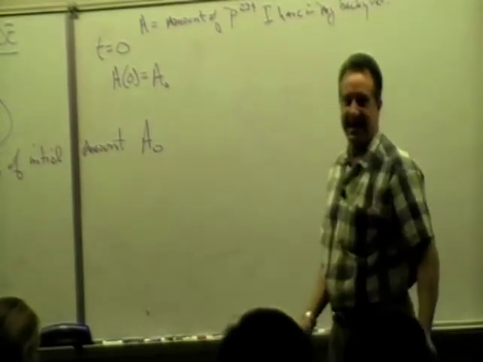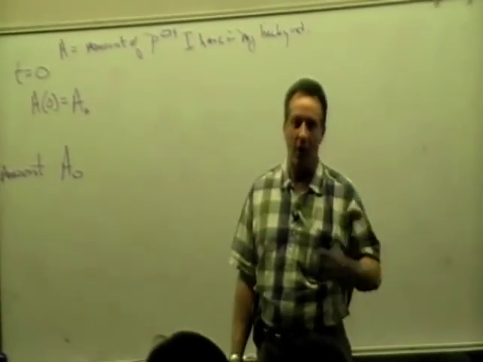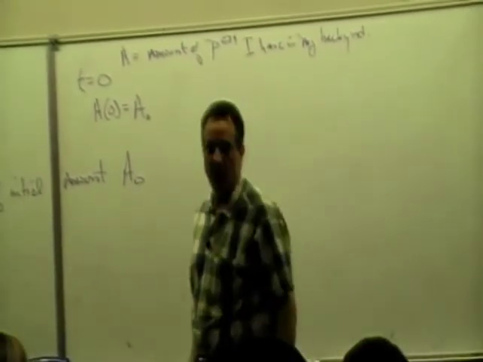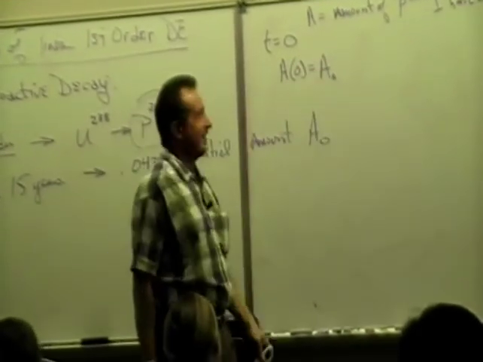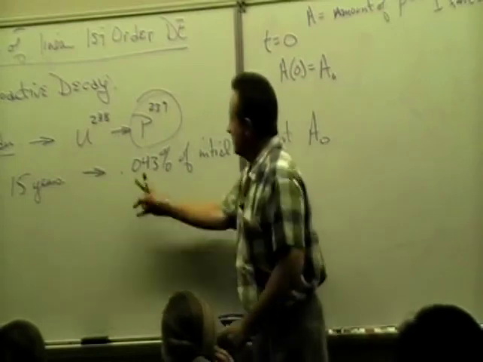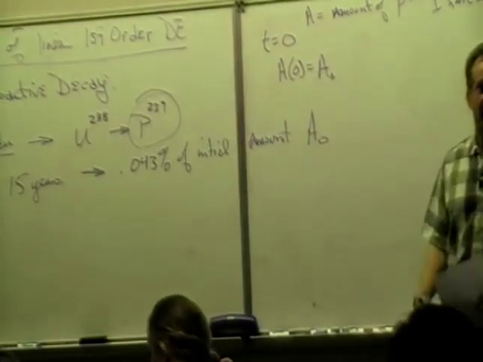Now, you all need to write that down on your paper. So if any of you give me any trouble, I'll just call the right people and say, look at his notes. And you all confess that you have a whole bunch of plutonium in your backyard. All right, after 15 years, 0.043% of whatever I started with decays, disintegrates.